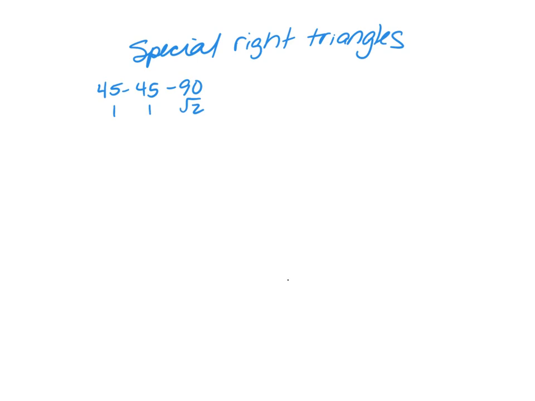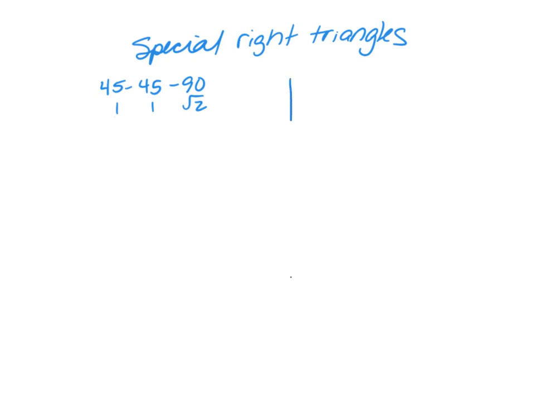So easy. If you have a 45, 45, 90, that is a triangle that we know a lot about. Because if this is 90 degrees and this is 45 and this is 45, since you have two equal angles, you also know that these two sides are equal because they're opposite the 45-degree angles, okay? And notice that they all add up to 180 because 45 plus 45 is 90, and 90 and 90 is 180.